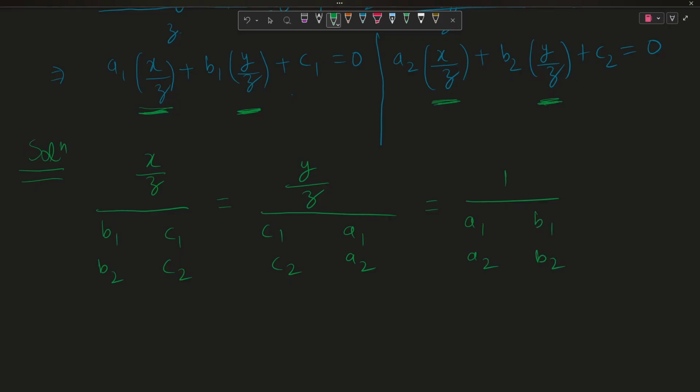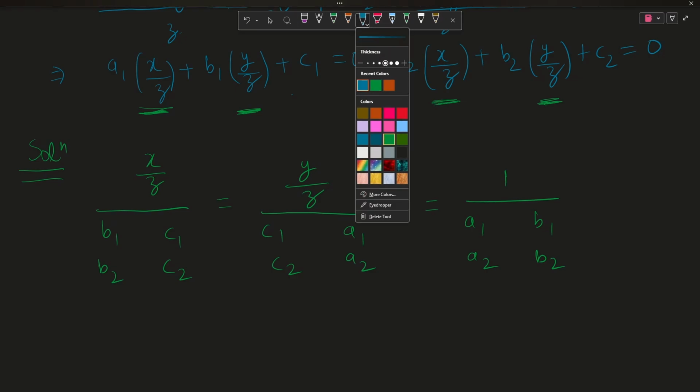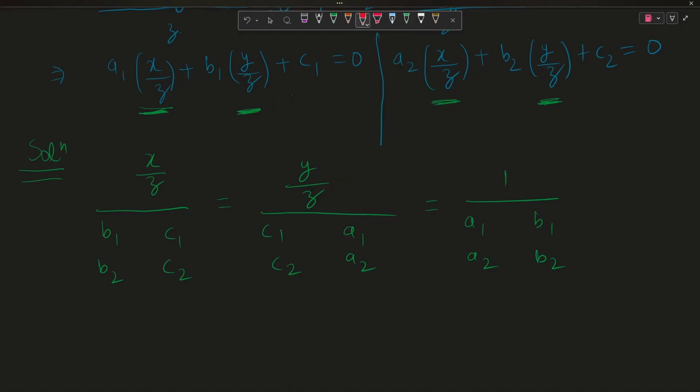Now we are using which type of method here? The cross multiplication type of method. x upon z, b1 b2 c1 c2, is equal to y upon z, c1 c2 a1 a2, is equal to 1 upon a1 a2 b1 b2. This is the method that we have used here, right? How to remember which variable or which constant has to be taken first? Just consider A, B, and C and move in the anti-clockwise direction.